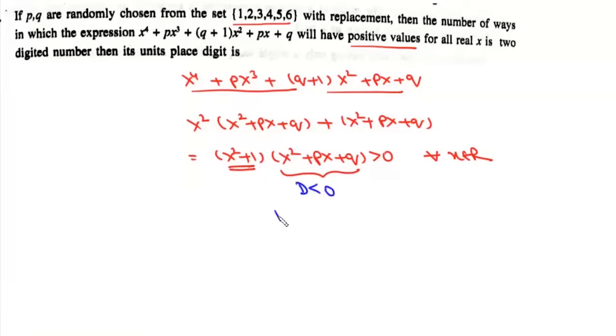Now D in this case is p square minus 4q, it should be less than 0, or 4q must be greater than p square.